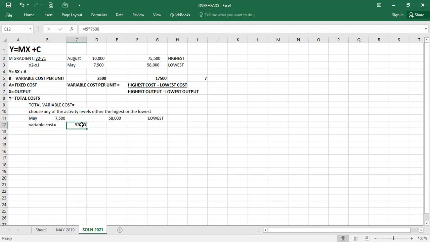It will give us a total variable cost of 52,500.